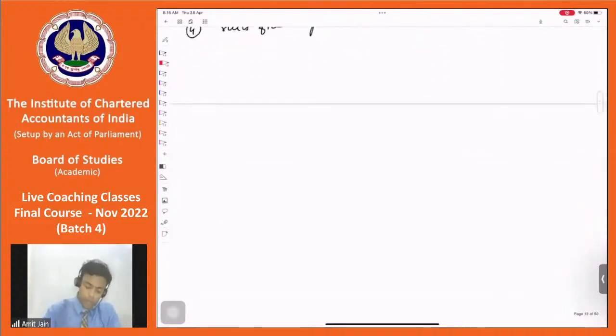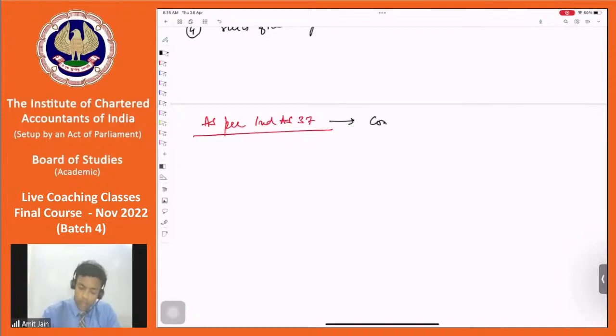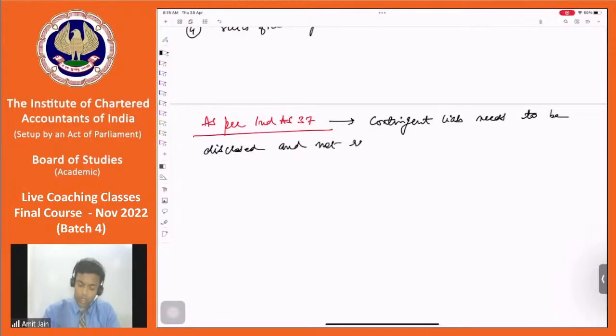So what is the principle? As per Ind AS 37, contingent liability needs to be disclosed and not recognized in books of accounts. Correct?